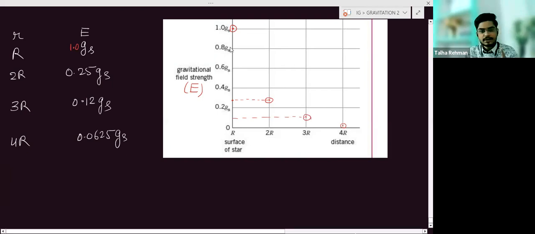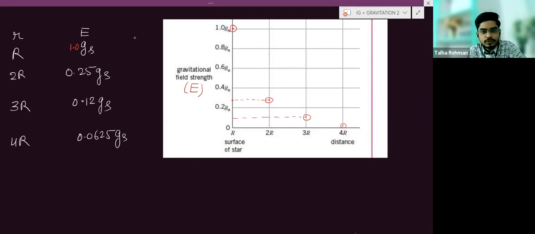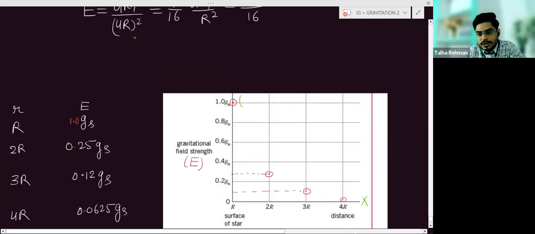At r, the value is 1.0 gs. At 2r, the value is 0.25 of gs. At 3r, the value is 0.12 of gs. At 4r, it will be 0.0625 gs. So I am writing the points also, if you are getting confused. So consider this as the x-axis and this as the y-axis.